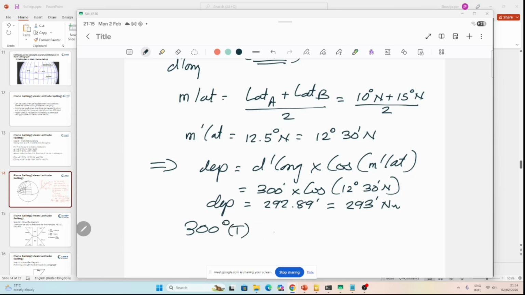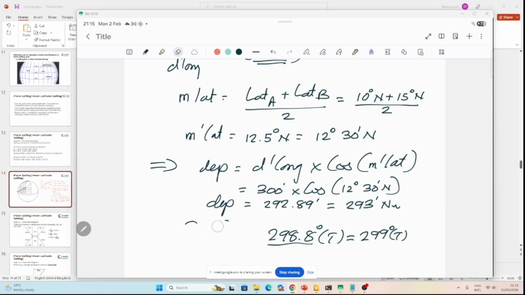Let's say your answer is coming like 298.8 degrees true. After you find this out, write it as 299 degrees true. Don't write 3-digit with a decimal.